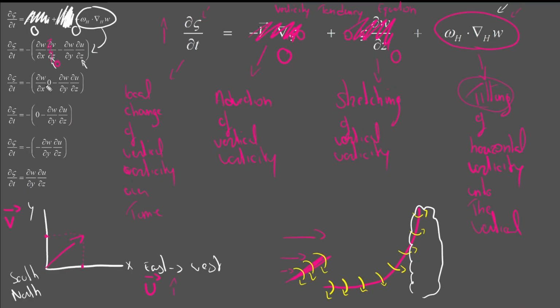You have the dw dx times zero, which is zero, so we can completely ignore this term. I have a minus sign here. Minus times minus is positive. So the only one that you end up with is this one. Don't be afraid of what it looks like or sounds like. We're going to break this one down when we apply it to a conceptual diagram. So let's dive straight into that right now.